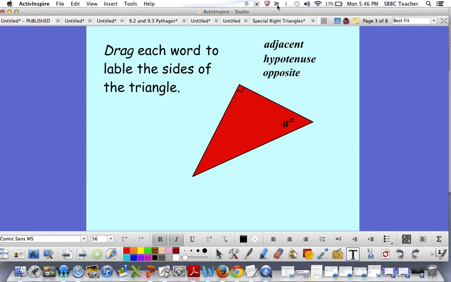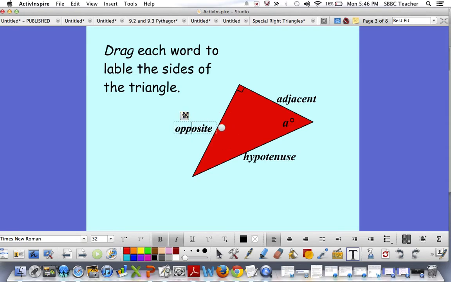So if we were to review this, we would see that adjacent would be the side that's next to the acute angle, but not the hypotenuse, so it goes right here. Hypotenuse, of course, is always the side length that's across the right angle symbol, and opposite is the side length that is opposite the acute angle.